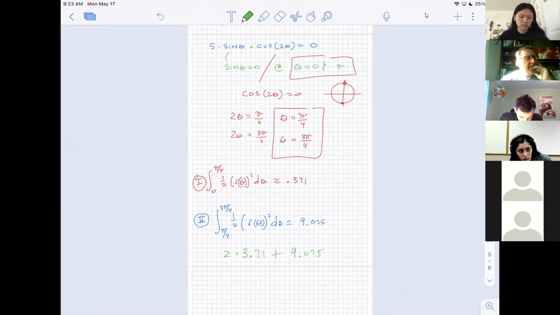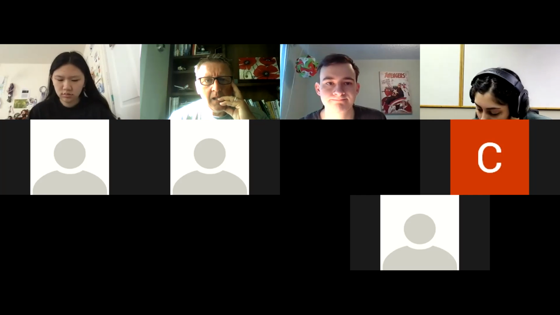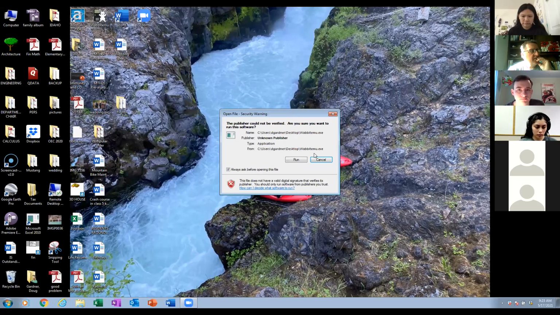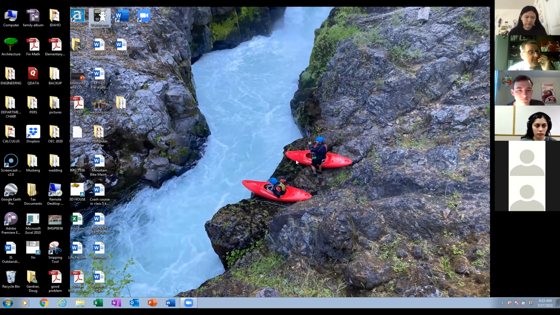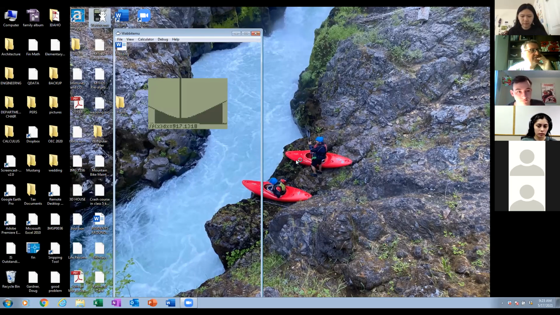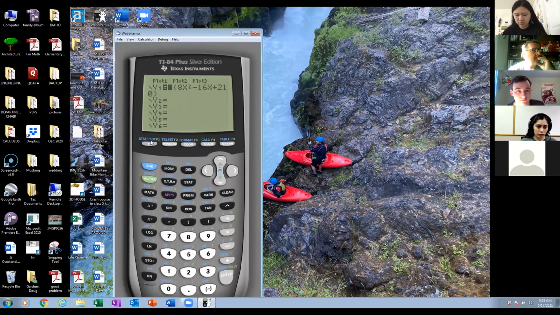So I want to show you quickly, and if you need to leave, that's perfectly fine. But I want to just quickly stop sharing this screen. What am I doing? Stop sharing the screen. Share my regular screen. Bring up the regular graphing calculator. And let's cheat and find this area using the regular graphing calculator.